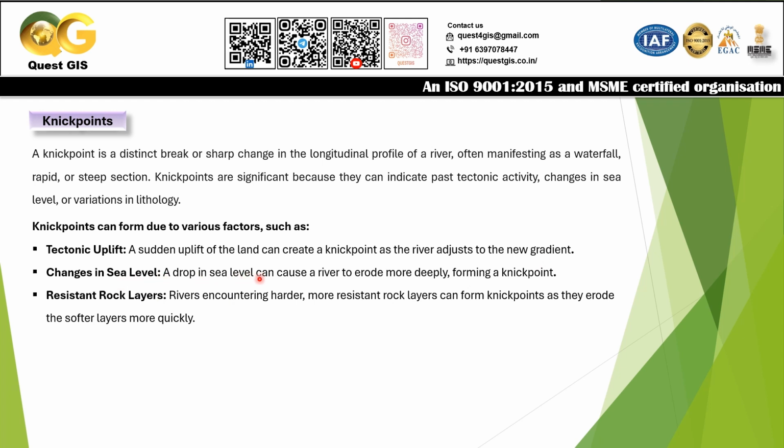Changes in sea level: a drop in the sea level can cause a river to erode more deeply, forming a nick point. So it depends upon the location where you are finding these nick points.